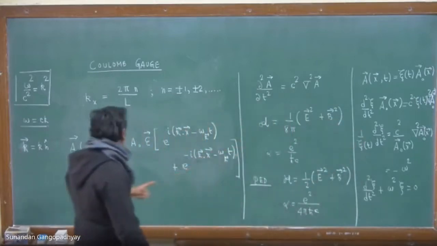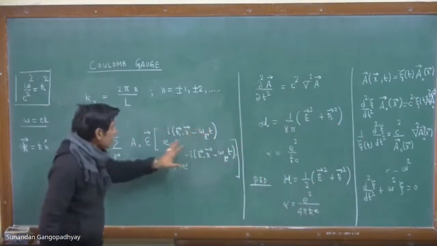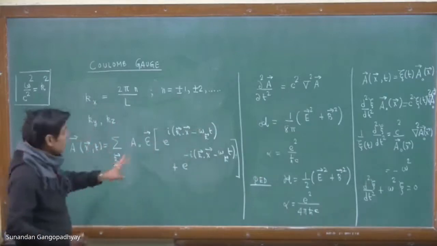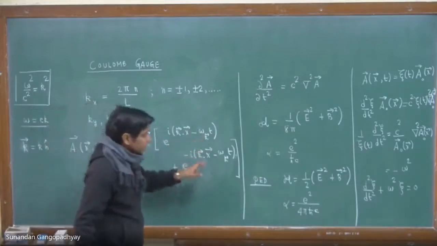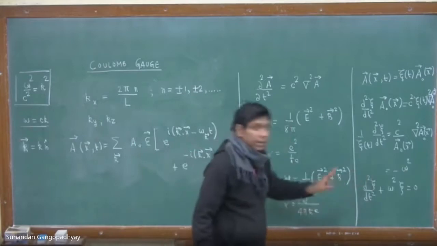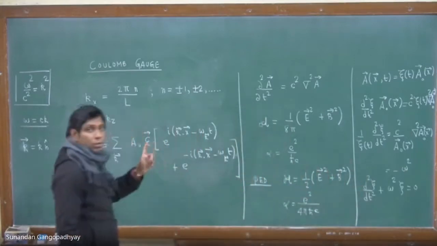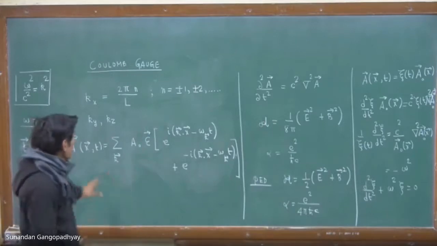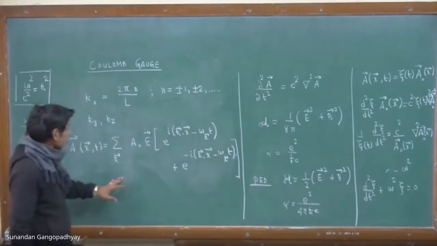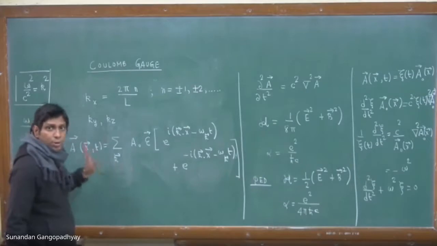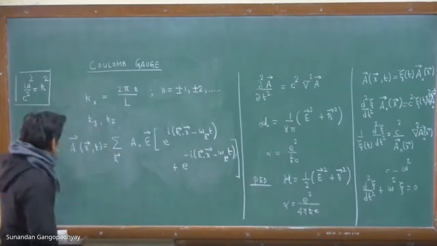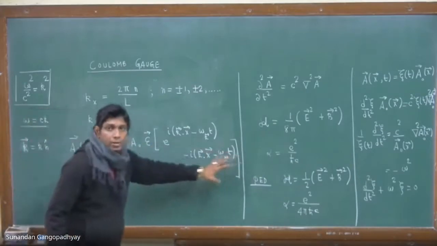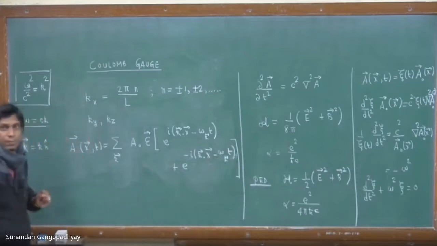You get one solution, and then you take the sum of two solutions for two possibilities, e to the power of minus i omega t and plus i omega t, and e to the power of i k dot x and e to the power of minus i k dot x, combine them, and then you sum over all k. This sum over all k is possible due to the principle of superposition. So this is the most general solution that you can get for the electromagnetic field.